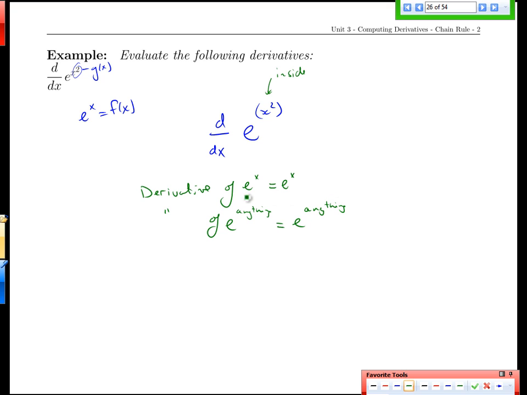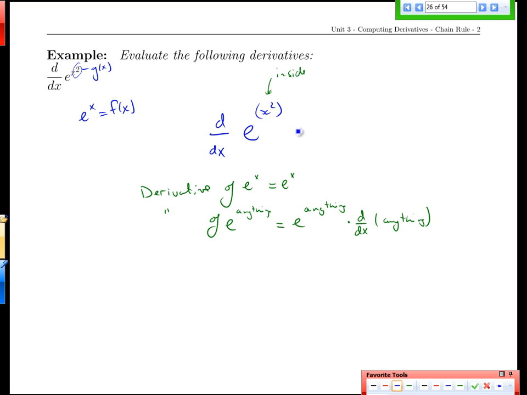So all the rules we learned before, derivative of e to the x is e to the x, keep the same structure, except that whatever we have that's more complicated inside just stays where it is. It takes the role of x in our functions, except that the chain rule is going to tell us to take the derivative of that inside, or that anything.